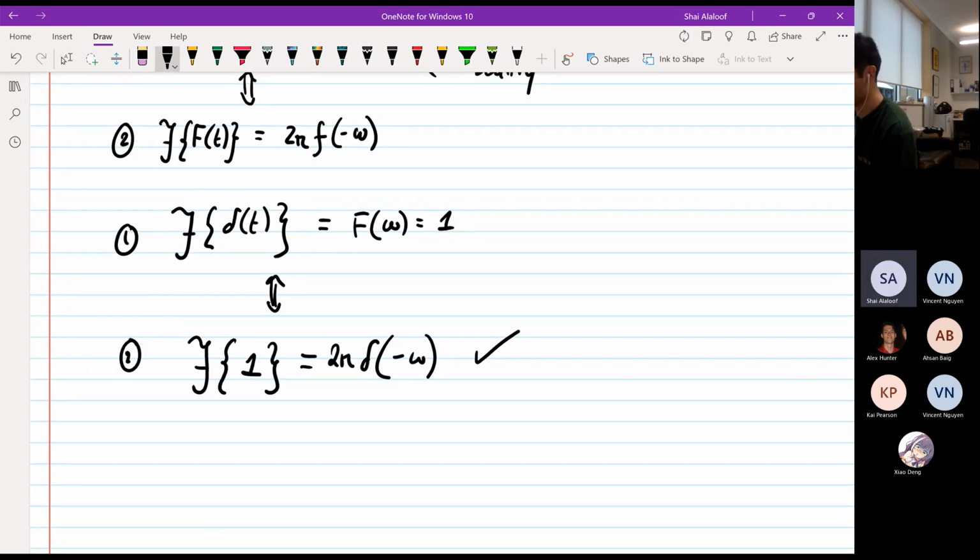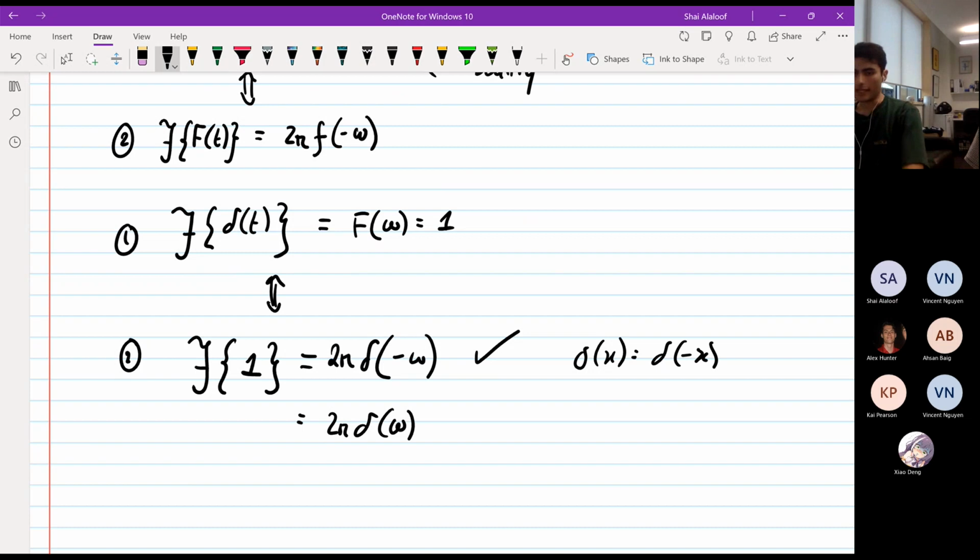I'm just going to say this. So this answer is fine. This answer is also fine. 2 pi Dirac of omega. Because I went down a bit of a rabbit hole on Dirac deltas the other day, and one of the properties of the Dirac delta is Dirac of x is equal to Dirac of minus x, and that should kind of make sense because the Dirac delta is just like a spike, so obviously it's even. So Dirac delta function is even.